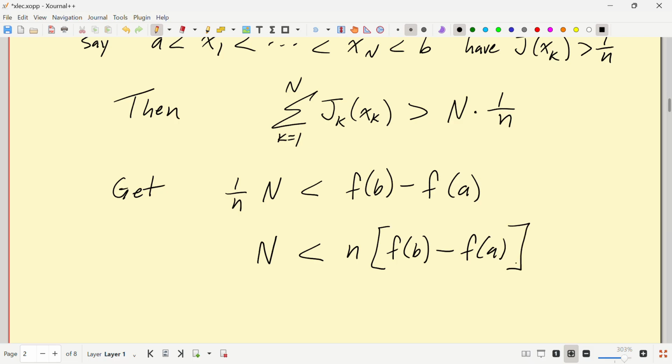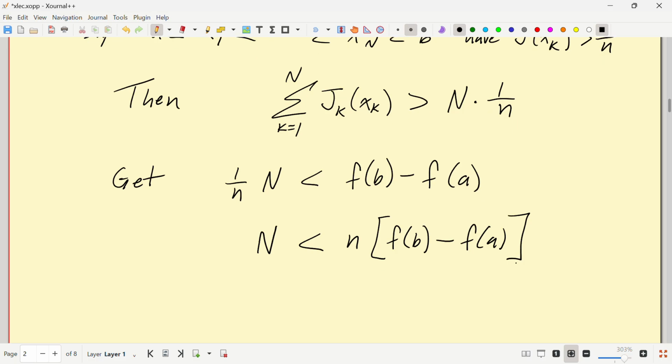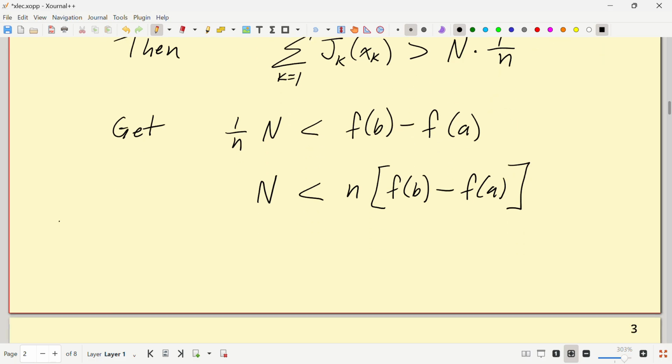So I couldn't have more, let's see. Here's where the Archimedes principle comes in. N eventually gets bigger than that.